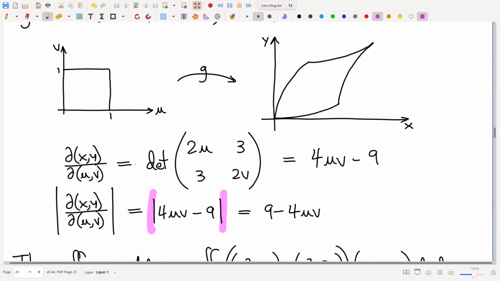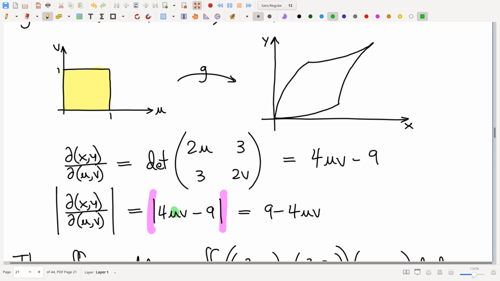So how do we deal with this absolute value? There is a surprisingly convenient way to handle this that works very often. And that is to just remember, you've got a picture right here showing you what u and v are doing. And I can see from this picture, right, my pullback domain in particular is this square. That was given in the statement of the question.